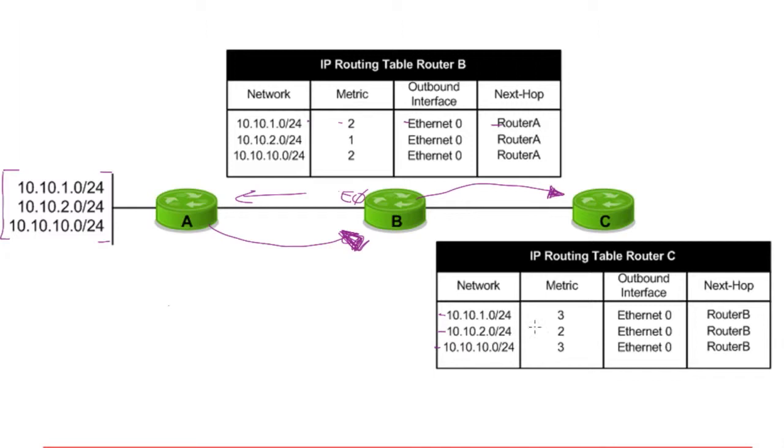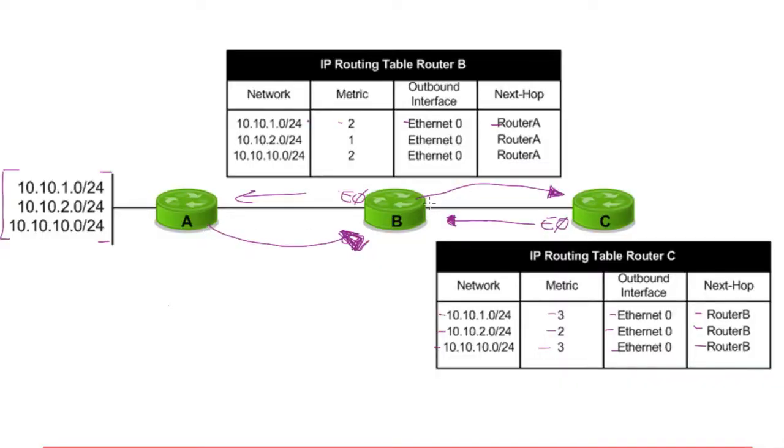We're going to have those 3 routes there, and the metric is going to increase accordingly. The outbound interface in this case will be Ethernet 0, and the next hop is router B, assuming that C doesn't have any other way of reaching those networks. So everything looks normal and standard there.